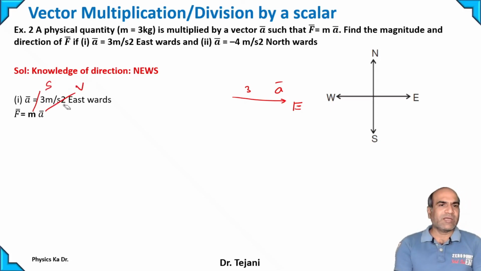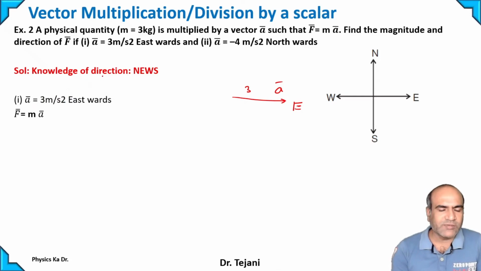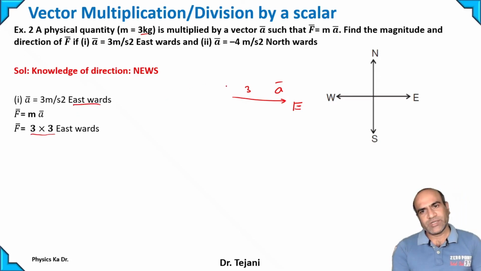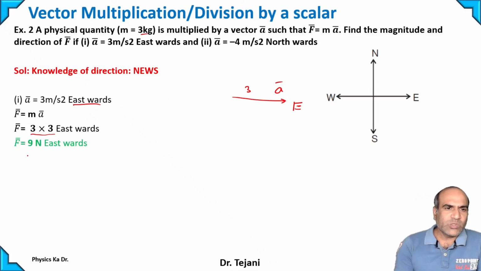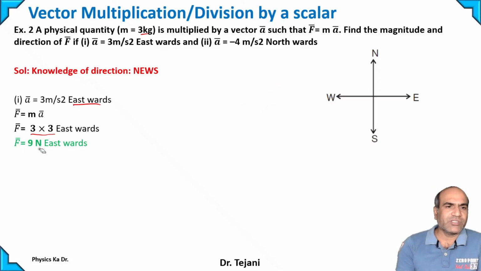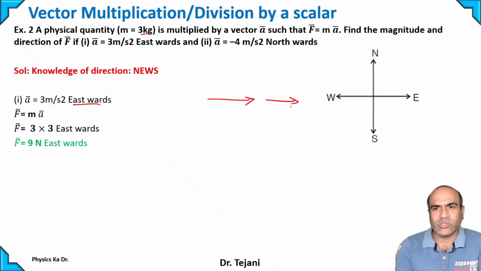It ultimately gives us scalar multiplied by vector, which gives a vector quantity. And that's why this knowledge is required. So 3 kilogram put here, and the answer is 9 in the direction of east. The direction remains the same. There is no change, so the direction will be the same. Force is applied in this direction and the answer is also in the same direction.